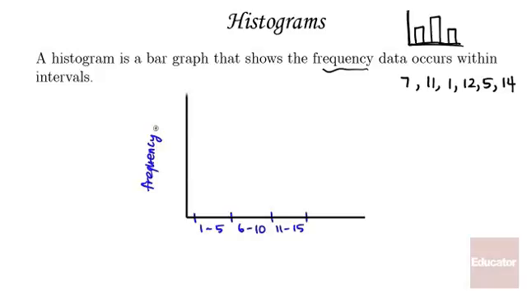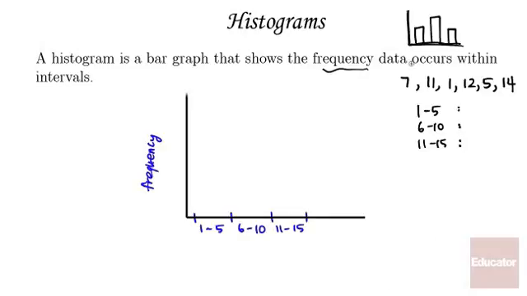So step 1 was to create the intervals, right? And then, just to make things a little bit easier for me to graph, let's tally up how many times the numbers fall into the intervals. So I'm going to write my intervals: 1 through 5, 6 through 10, 11 through 15.